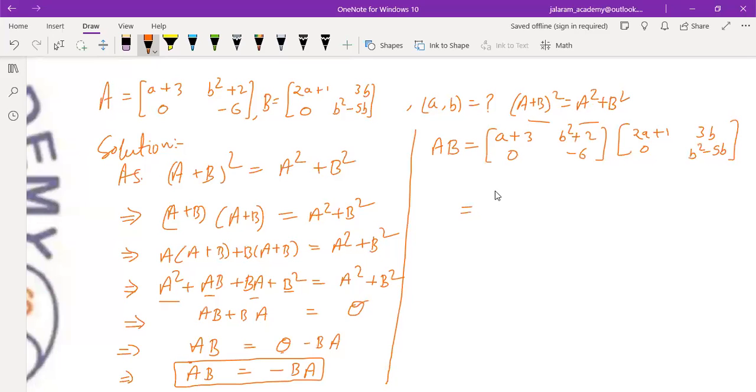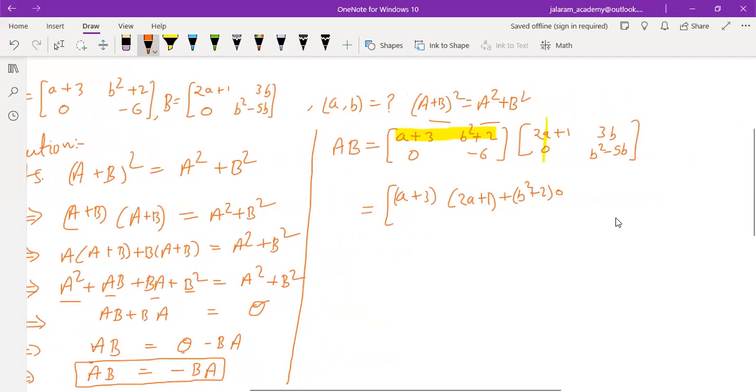So let's multiply these two matrices. First row, first column: corresponding elements, A plus 3 into 2A plus 1 plus B square plus 2 into 0.